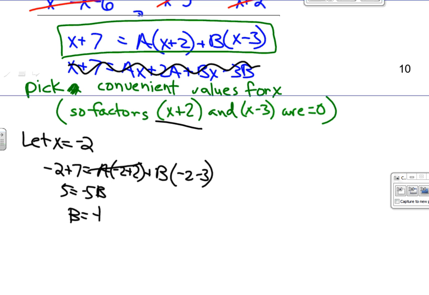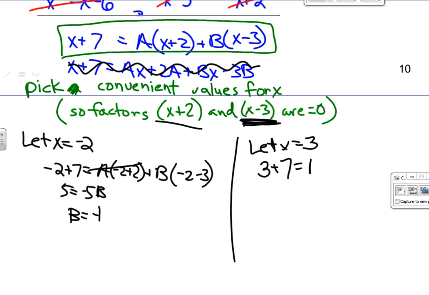And then my other convenient value of x, when I look at this part, what's that going to be? Let x equal 3, and I'll go back up to my top one. 3 plus 7 equals a times 3 plus 2 plus b times 3 minus 3.